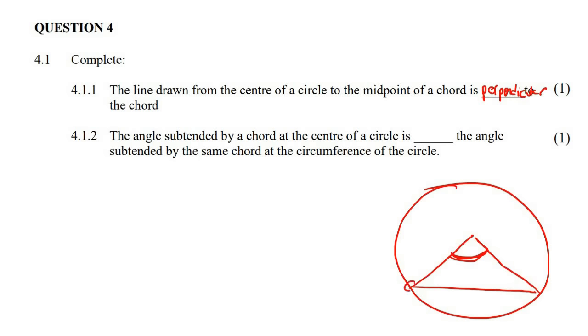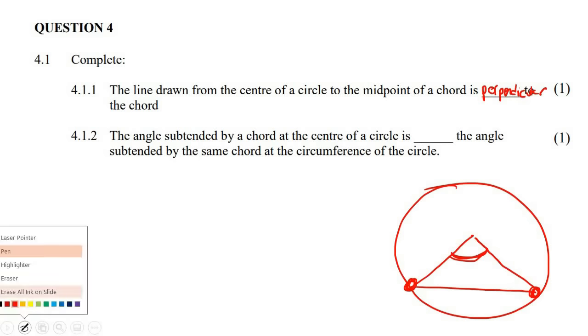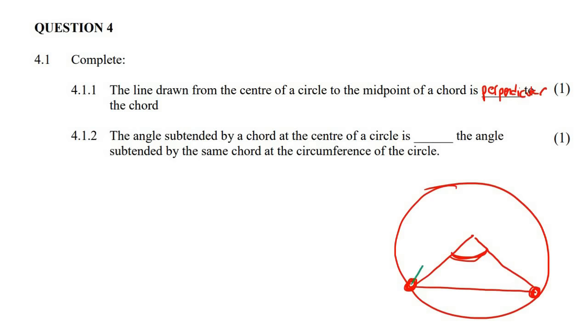So what they mean is, if you take the same ending points of this chord, and you subtend another angle on the circumference, which is the edge of the circle, then what is the relationship between these two angles? Well, you should understand that this angle here is double this angle over here. So we can say that the angle at the center of the circle is double the angle subtended at the circumference.